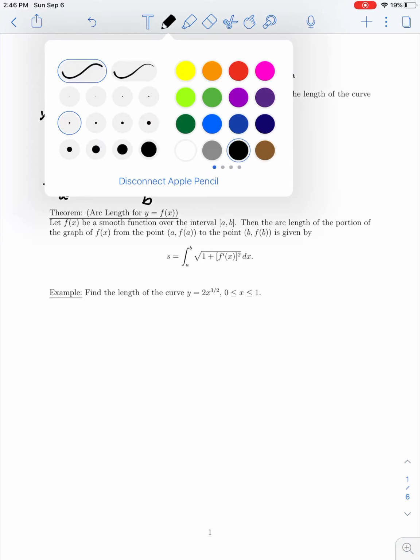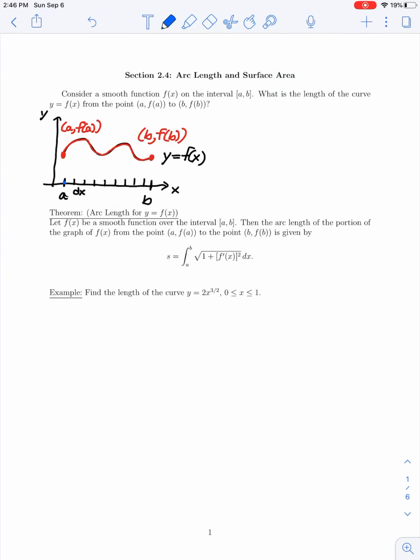If I look at each of these x values that I chose when I divided up my a b interval, and I find the corresponding y values on the graph of my function by substituting these x values into the function, then the horizontal distance that I'm traveling between any of these points is dx.